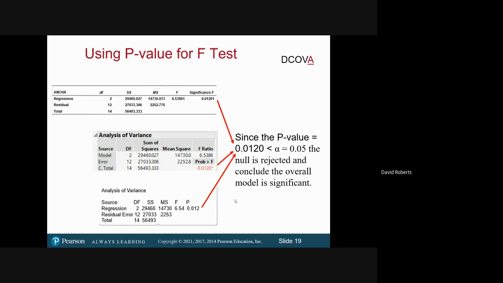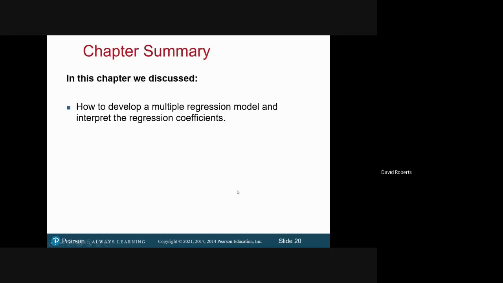People who sell pies and things like that at county fairs or at the Stampede, when people are running the Calgary Stampede, they know that the weather affects attendance. If you get a lot of bad weather, the attendance is going to go down and you're going to sell less product. So our model is good. You look at the regression p-value of 0.012, it is statistically valid or statistically significant.